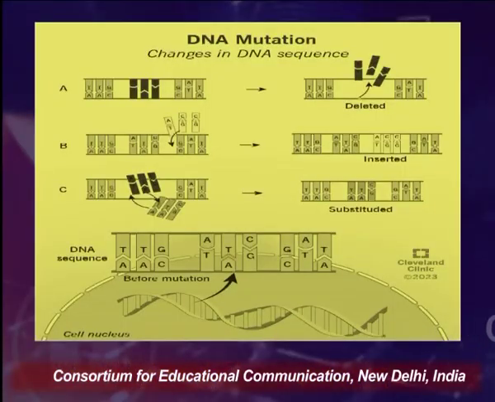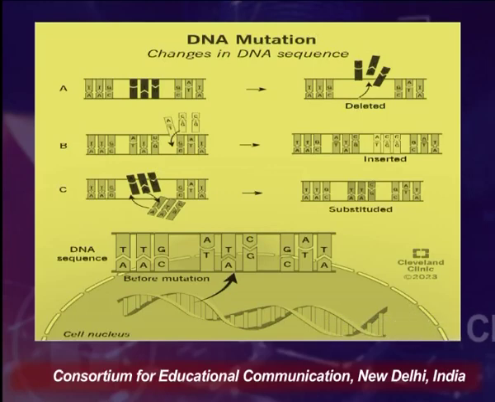Supposedly we have a DNA strand; there could be various kinds of mutations which can occur. If a particular base or bases get deleted, we call it a deletion mutation. That will result in fewer bases. There could be an insertion, that means more bases come and get attached to a certain part of DNA.